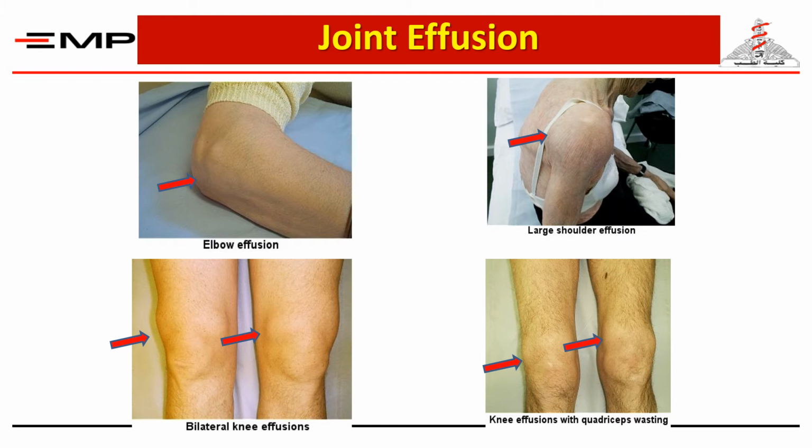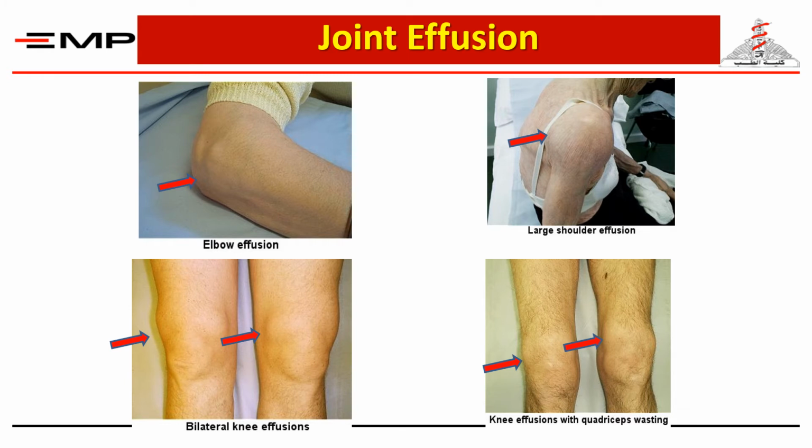Also, the shoulder, the elbow, or the other joints can be affected with swelling due to effusion, excessive accumulation of synovial fluid inside the joint capsule. It will be swollen, tender, and hot, with limitation of movement of the affected joint.